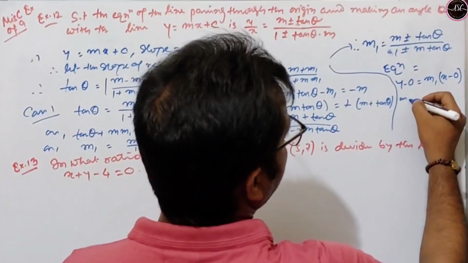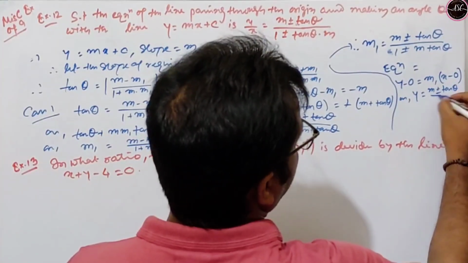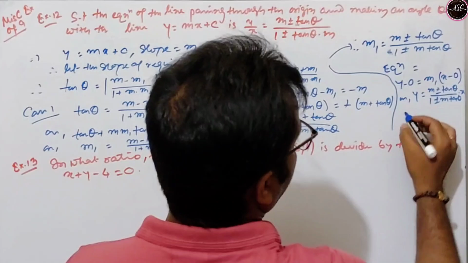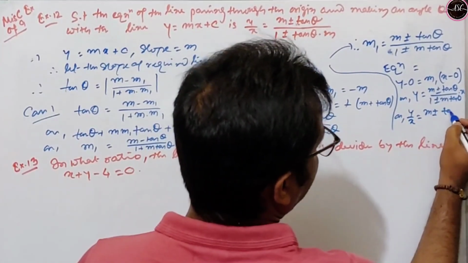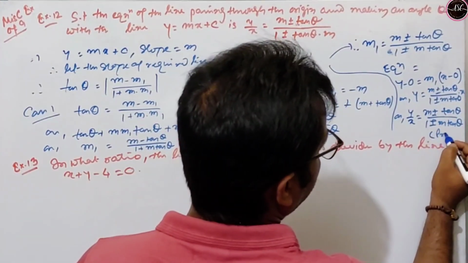So y equals m1 x, that is y by x equals (m plus or minus tan theta) divided by (1 minus or plus m tan theta). Proved.